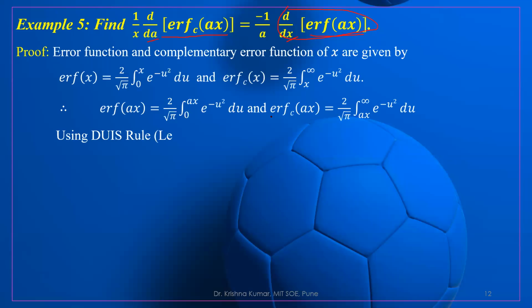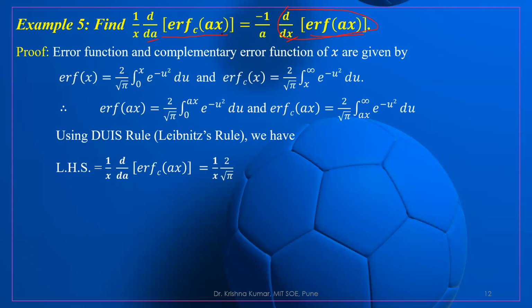Now let's use the rule number 2, means Leibniz rule. What is the left hand side? We are taking left hand side 1 upon x del by del a of complementary error function of ax. So it is 1 upon x, 2 upon root pi. Now, since it's complementary, the lower limit is ax and the upper limit is infinity.